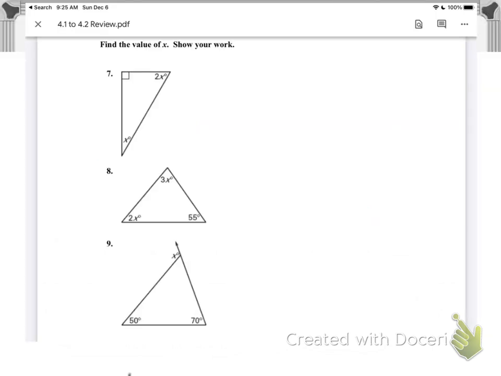Okay, here we're going to find the value of x. Now, I'm not asking you to find the angle, I'm asking you to find the value of x, and I also say to show your work. So, looking at number 7, I see that this is a right angle, so I know that's 90 degrees. Therefore, I know that 2x plus x has to give me another 90 degrees so that I have 180 degrees in my triangle.